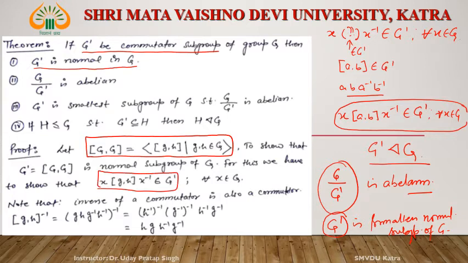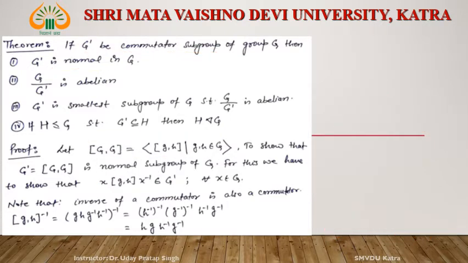So let us see what [g, h] is. The bracket [g, h] is equal to g h g inverse h inverse.